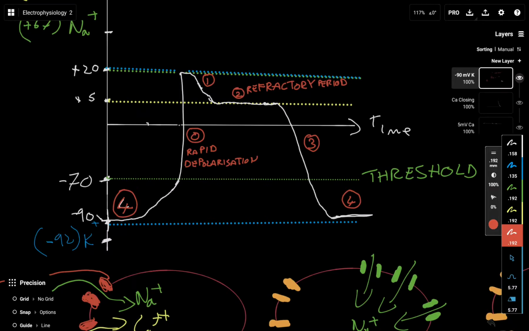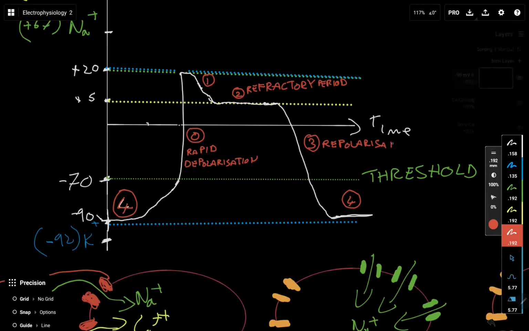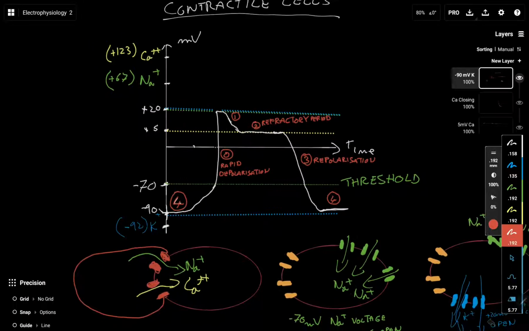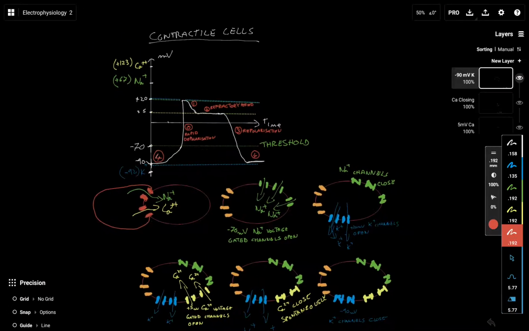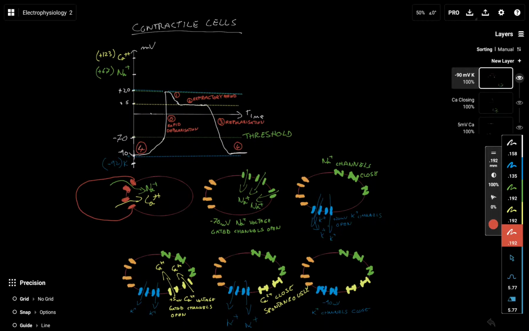So this is my phase 3, which is called repolarization, of course. And this is just a summary of your action potential in contractile cells.